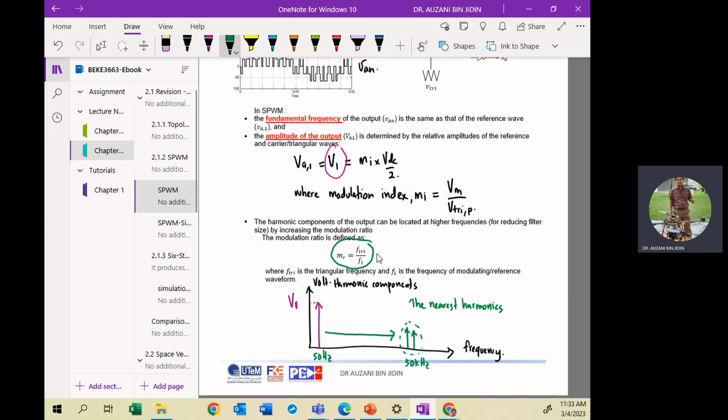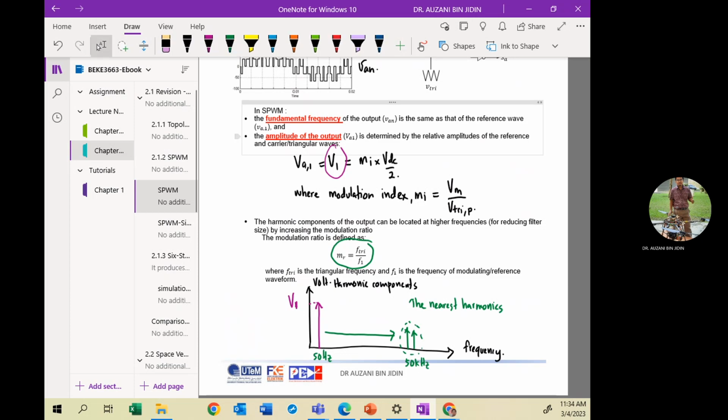When you set your nearest harmonic at a high frequency, for example 100K or 50K, you can design a very small filter by choosing a very high cut-off frequency. When you apply a higher cut-off, the size of your filter inductor and capacitor will be reduced. So that is the reason why we set the location of the nearest harmonic at high frequencies. Be clear? Right.